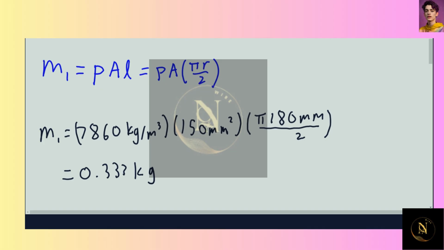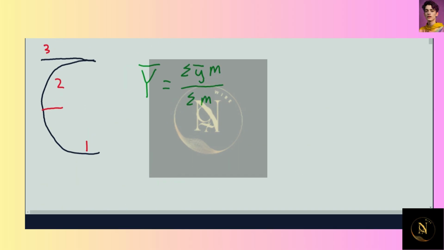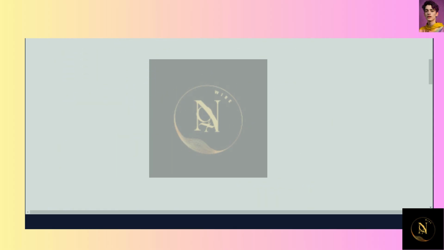And now m2. So this area of m2 is also a quarter circle. So we're going to use the same formula for m2. So m2 is equal to rho times A times pi r over 2. And so we have similar values except for r.